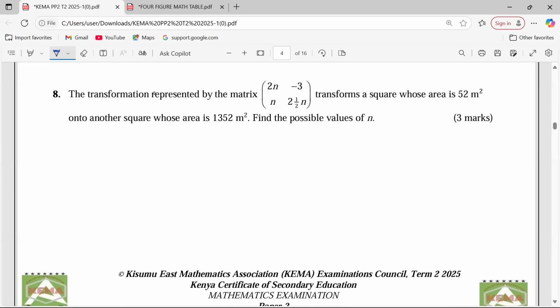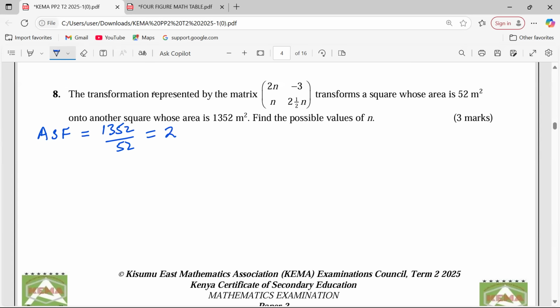Let us first understand what it means to transform a certain object into an image. That means when we relate the area of the image and that of the object, we'll be able to get the area scale factor. So the area scale factor here is 1352 out of 52, and this is going to be 26.